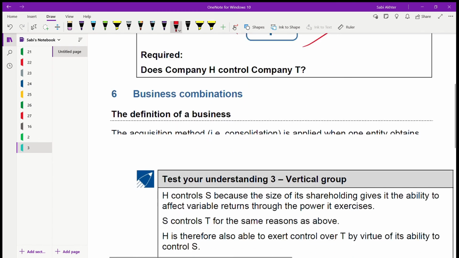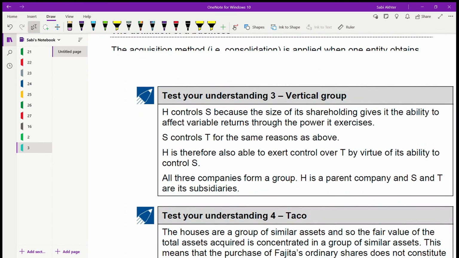Okay. So here H controls S because the size of its shareholding gives it the ability to affect variable returns with the power it exercises. So they are giving the definition rather than saying that they are having 75%. They are saying the size of the shareholding gives them an ability to affect the returns through the power. That means they have the power. S also controls T for the same reason.